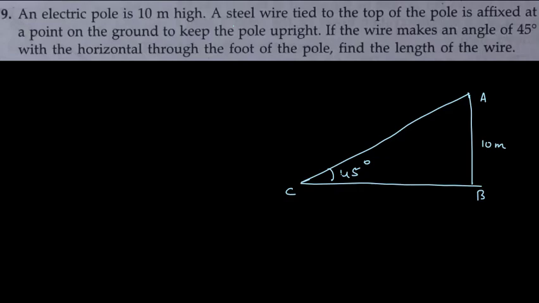Again, an electric pole of 10 meter high. A steel wire tied to the top of the pole is affixed at a point on the ground. One part of the steel wire is tied on the top of the pole, and the other on the ground. The wire is making an angle of 45 degree with the horizontal.